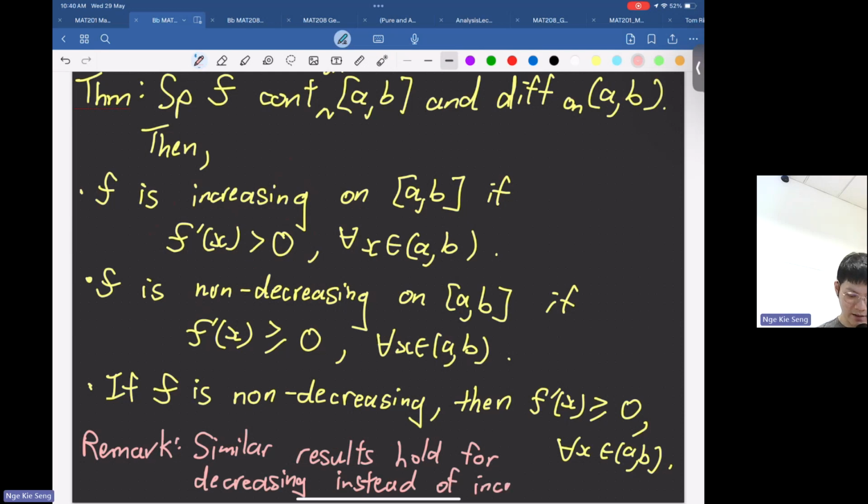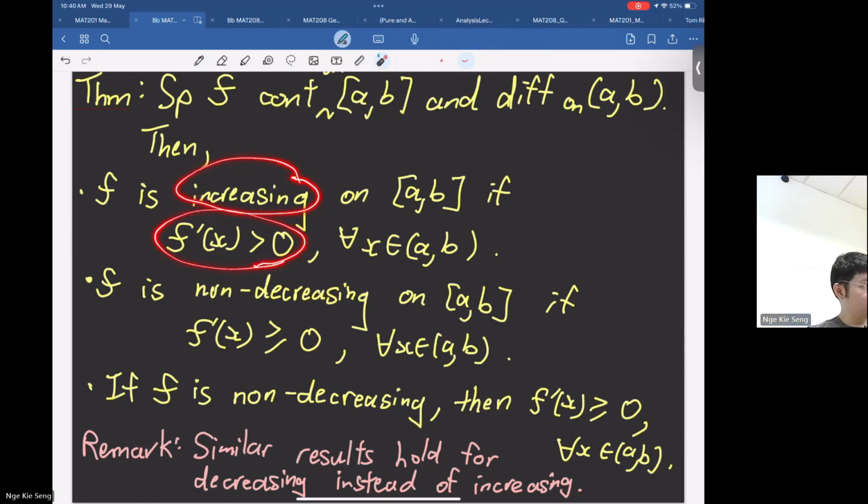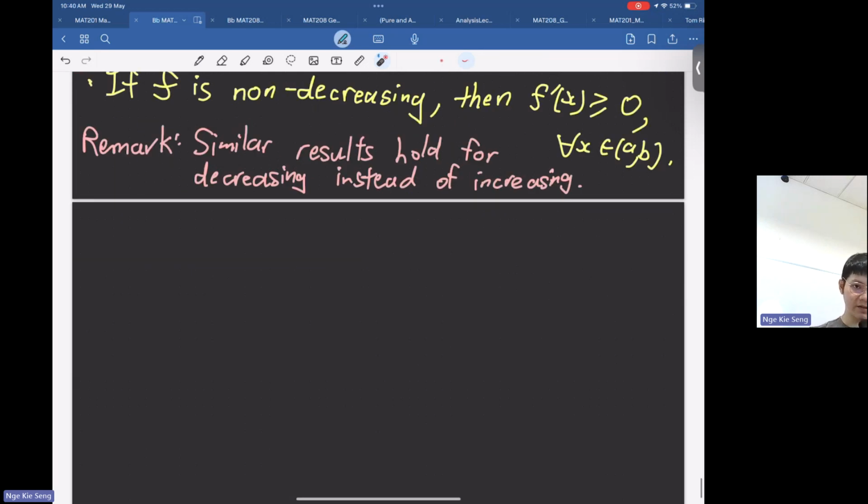Do you know what it means by this remark? You can replace increasing by decreasing, then you need to change the condition on the first derivative to less than 0. If you change non-decreasing to non-increasing, then you change the first derivative condition to less than or equal to 0. So let's prove them first.